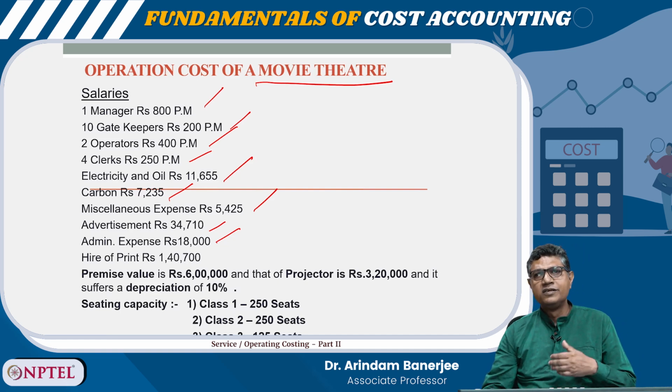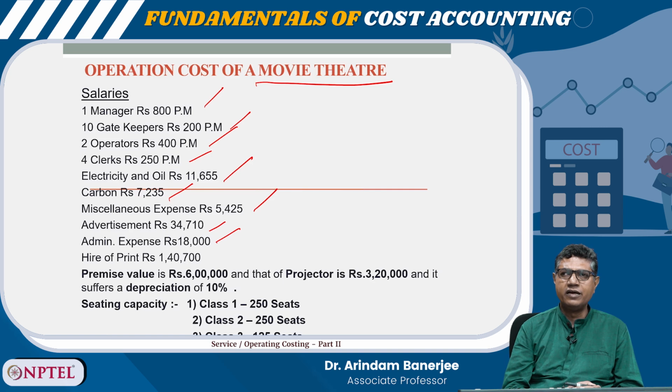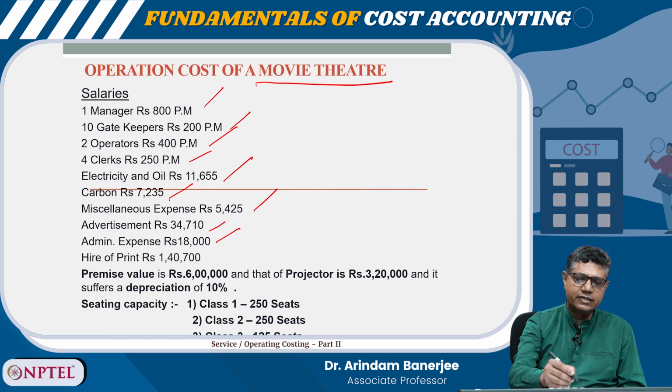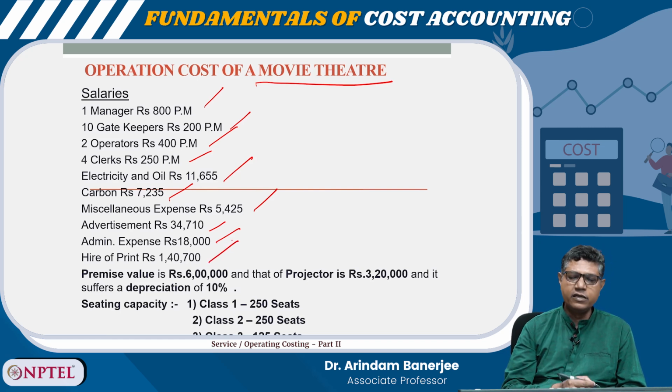Print means for showing the movie, right? For showing the movie, you need an approved version of the movie to show. For that license, they pay rupees 1,40,700. Okay. Now, so these are the costs.